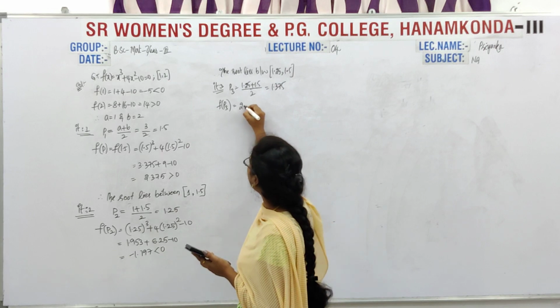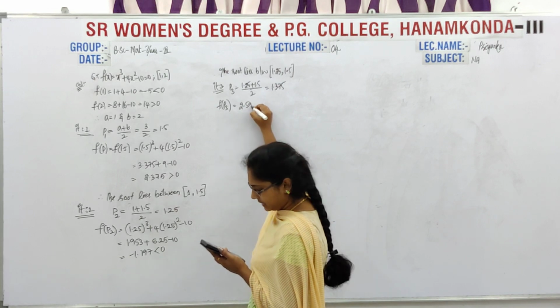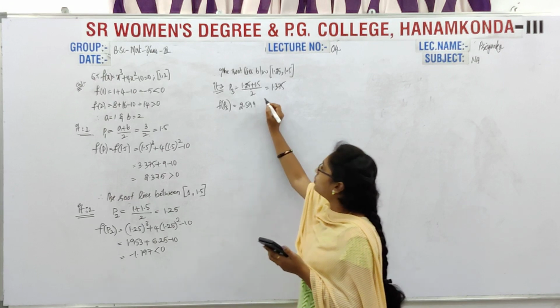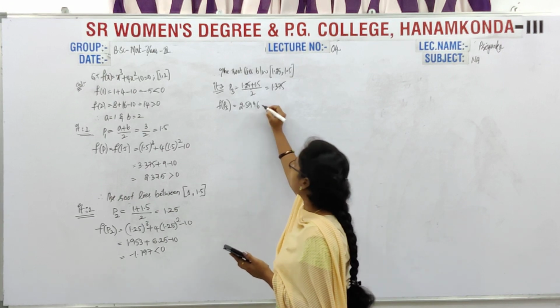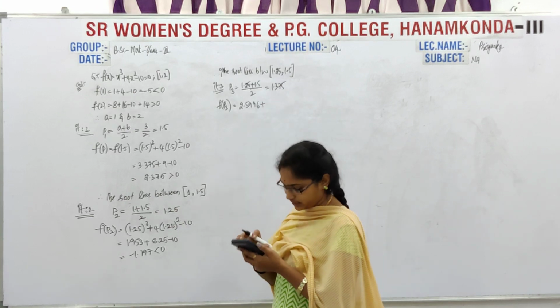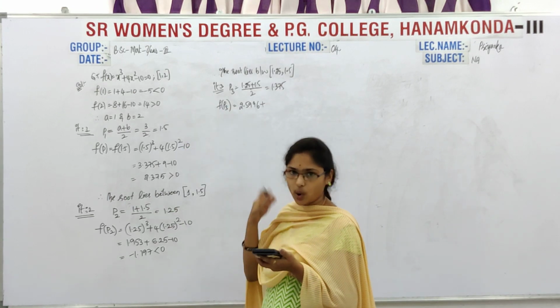That is 2.5996 we have. So simply I am taking 6 after that we have 0. Directly I am taking 6. Next plus 4 into, first of all, 1.375 whole square.